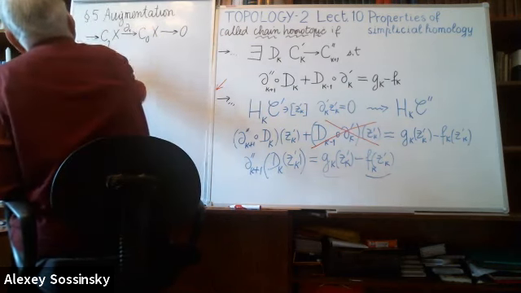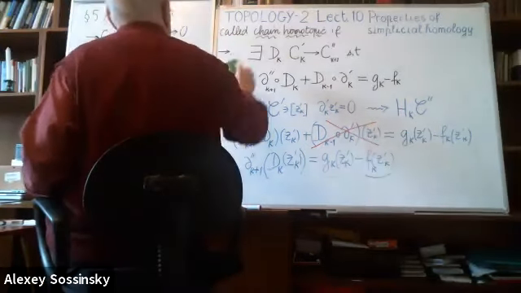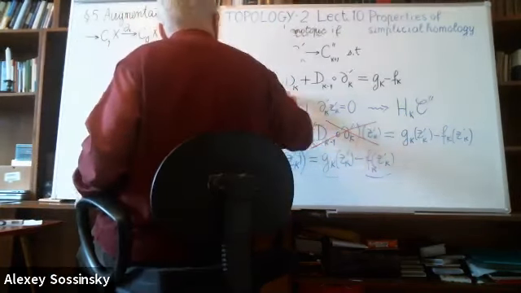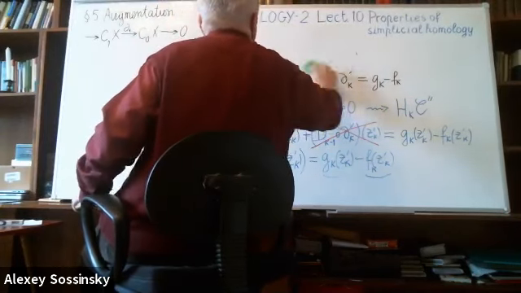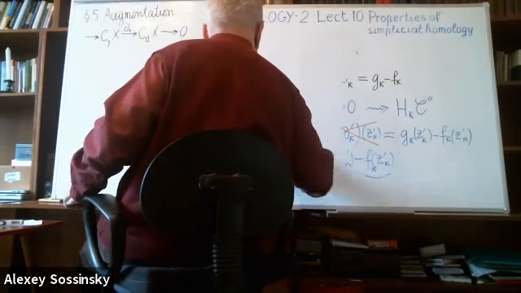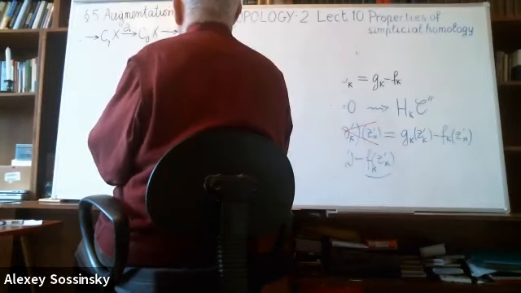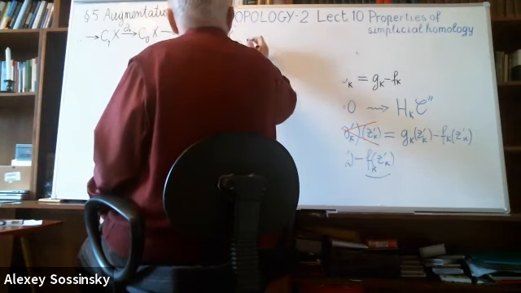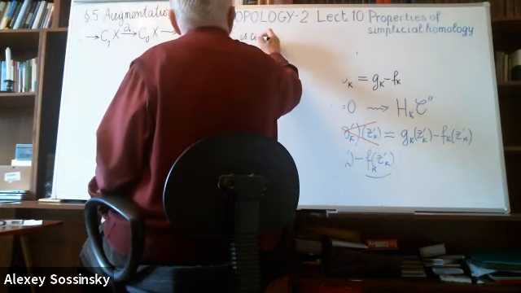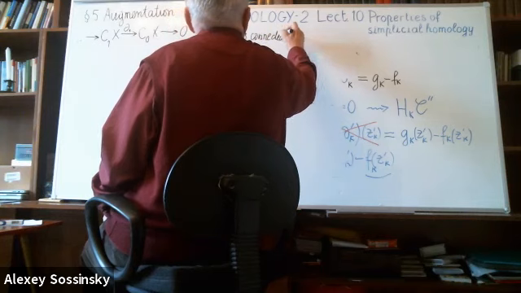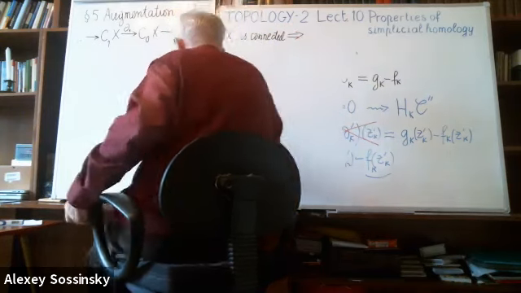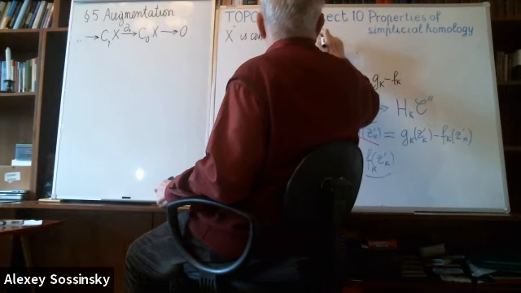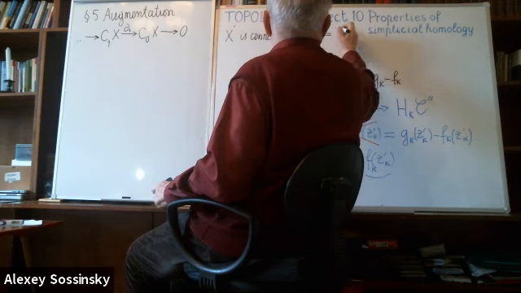We have proved previously that if X is path connected or disconnected, then H0 of X is the group of integers.